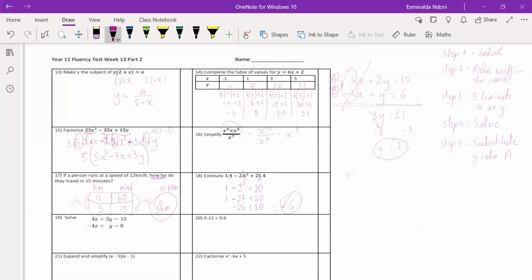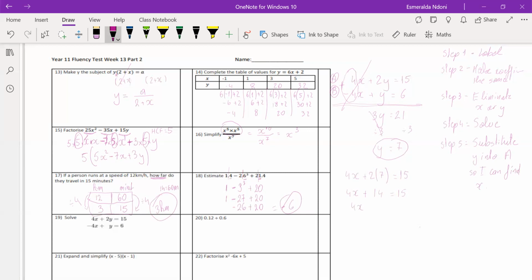So I have 4 lots of x's plus 2 lots of 7, because I know that now. That gives me a 15. 4 x's plus 14 is a 15. So all I'm doing, I am substituting y into A so I can find x. That's the whole point of it.